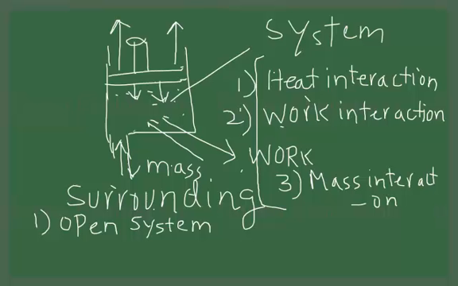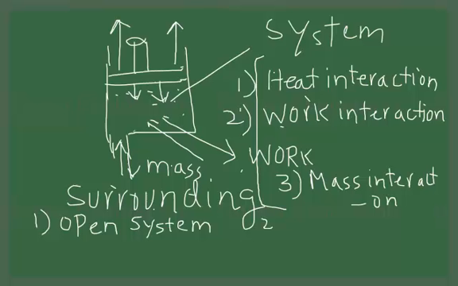So in an open system, mass can flow from the system into the surrounding and from the surrounding into the system. Similarly, heat can flow from the surrounding into the system and from the system into the surrounding, and work can be performed by the system on the surrounding or by the surrounding onto system. So all these three interactions are possible in open system.